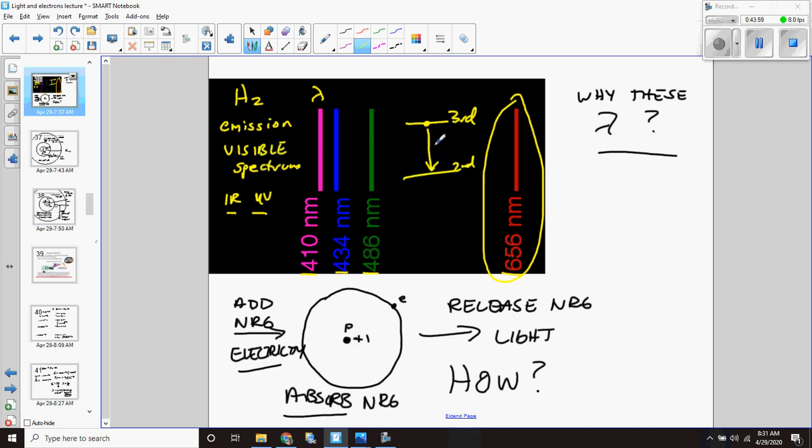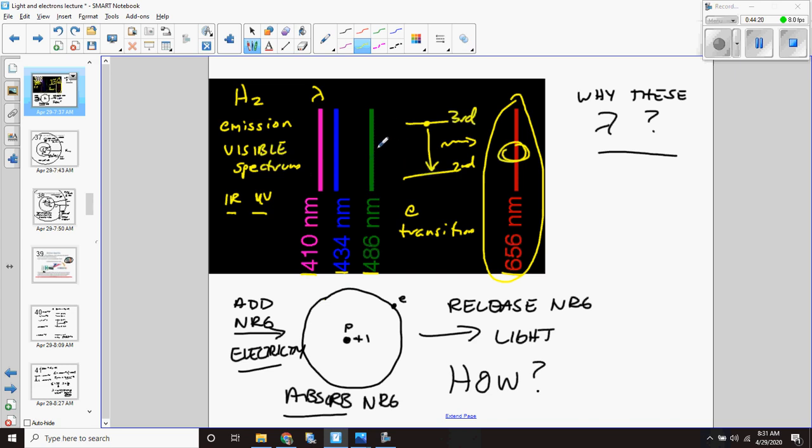When this electron transition occurs, this specific wavelength of light is given off. So these other three colors have to represent electron transitions from other shells.